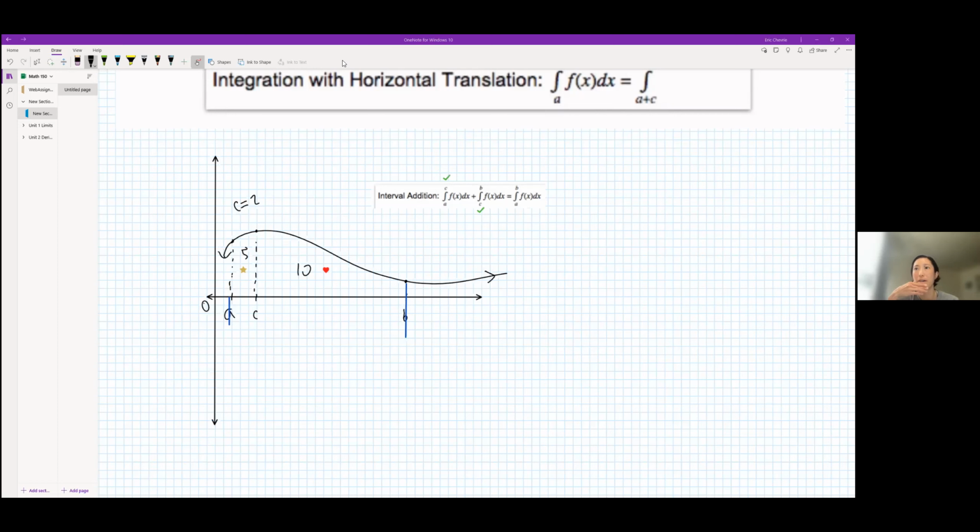So one way to think about it is that if the top number in the first integral is equal to the bottom number in the second integral, it means the two pieces you're trying to find the area of meet at this point. If it's a C on the top of one and a D on the bottom of the other, I would say this property would not hold true. Okay.